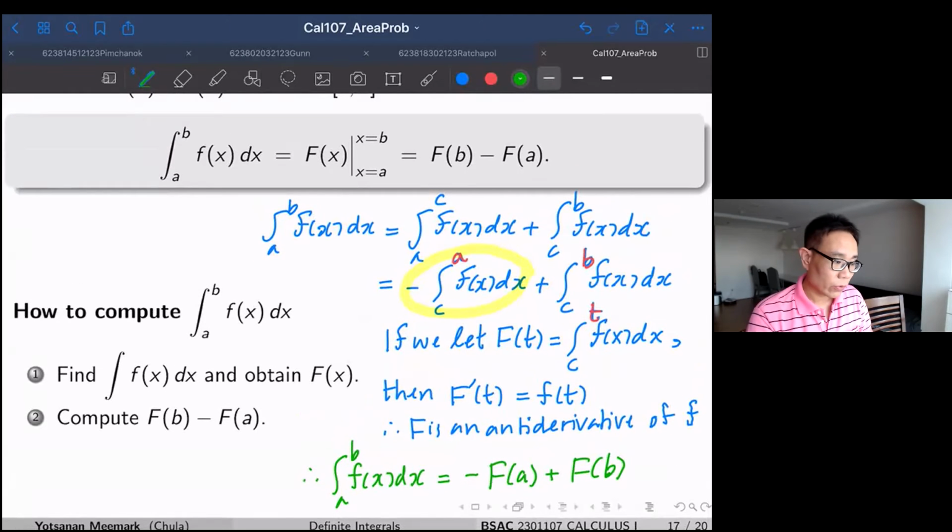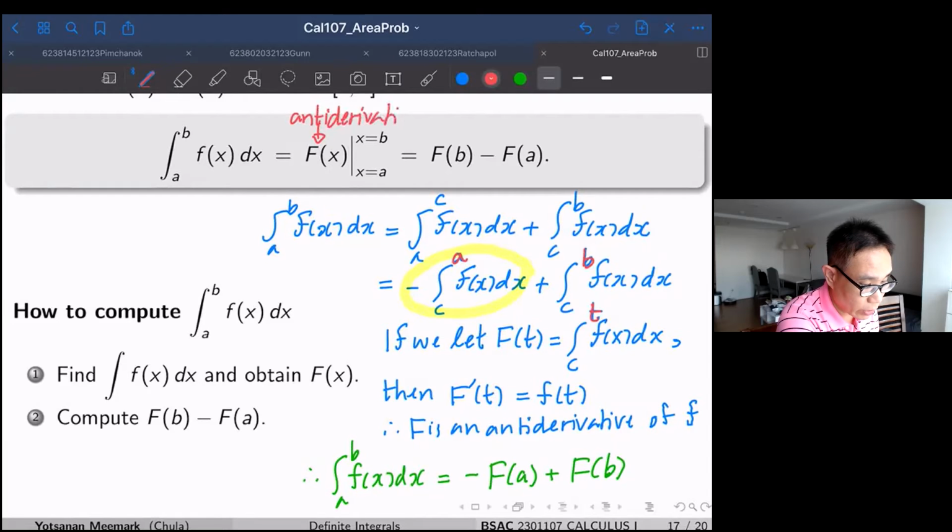This guy is the antiderivative. How could we get it? Just integrate using what we have studied earlier. b is called the upper limit, and a is called the lower limit.